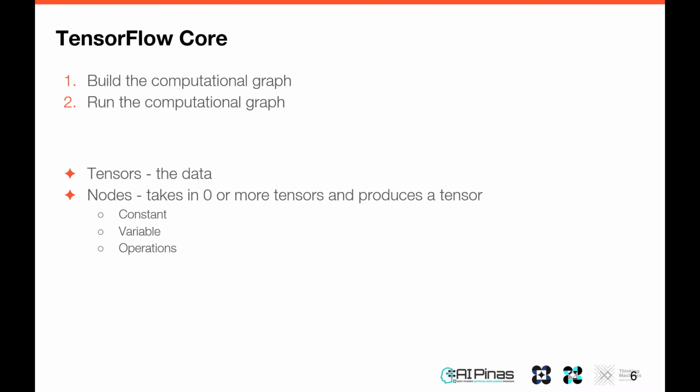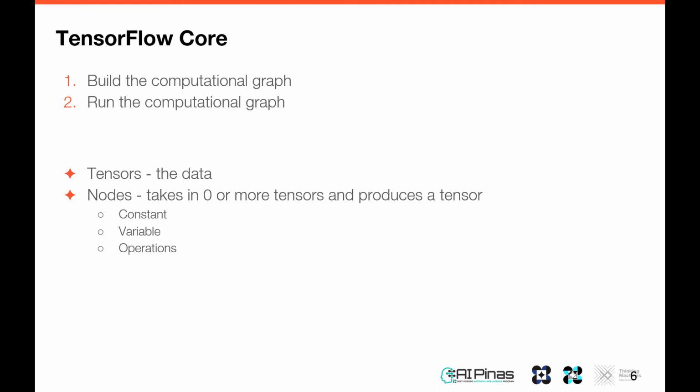The TensorFlow core, how does it work? There are two components to it. First, you build a computational graph, and then you flow the data through the computational graph. The tensors represent the data, and you build the computational graph node by node, where a node takes in 0 or more tensors and produces another tensor.